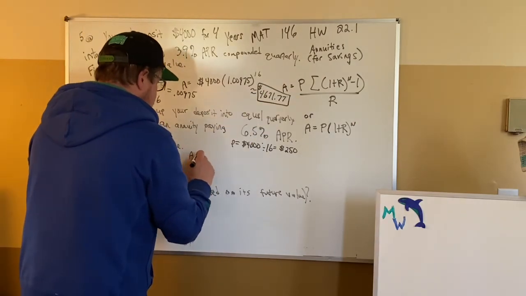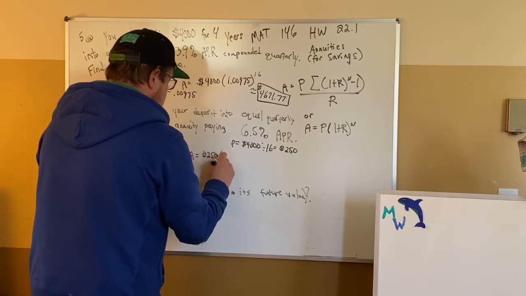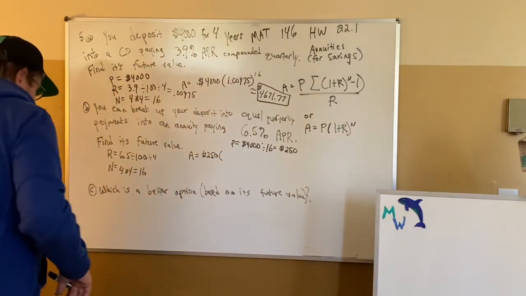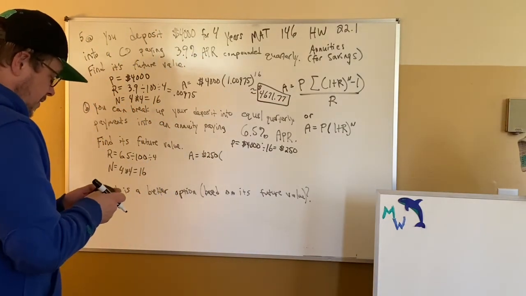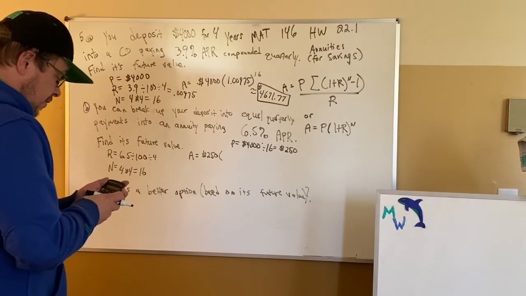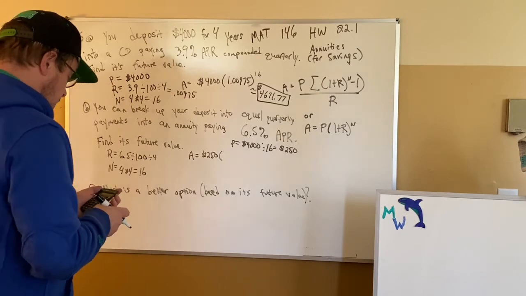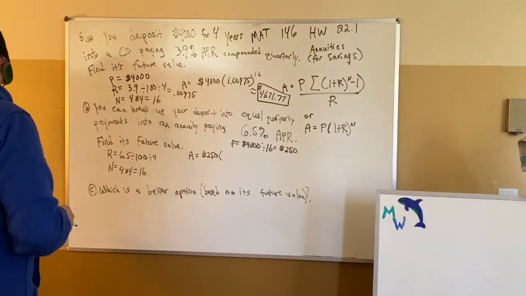So we've got A is equal to, we've got our $250, and we'll figure out what 6.5 divided by 100 divided by 4 is. 6.5 divided by 100 will surely be a terminating decimal, and then divide by 4. 0.01625.